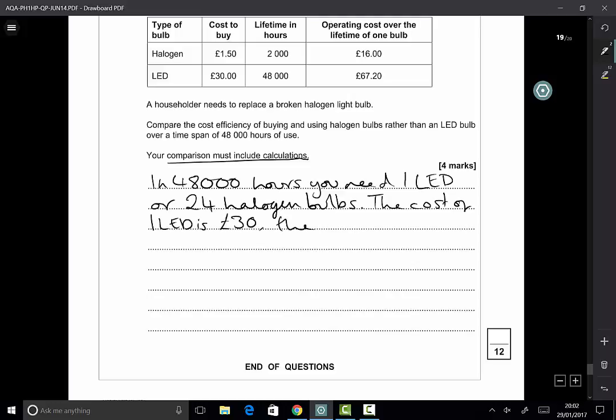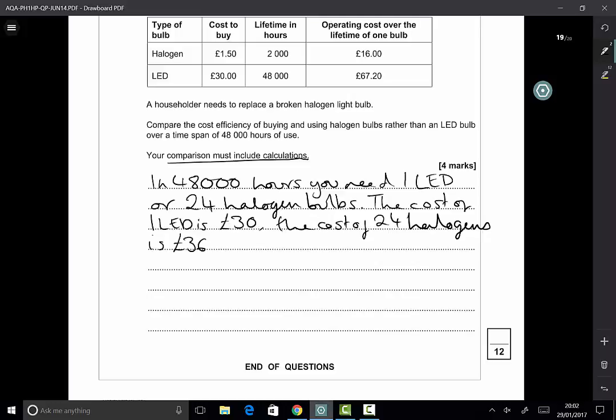The cost of 24 halogens is £1.50 times 24, which is £36. So just looking at the cost to buy, we're going to be spending more if we use halogens than LEDs, but we also need to look at the operating cost.